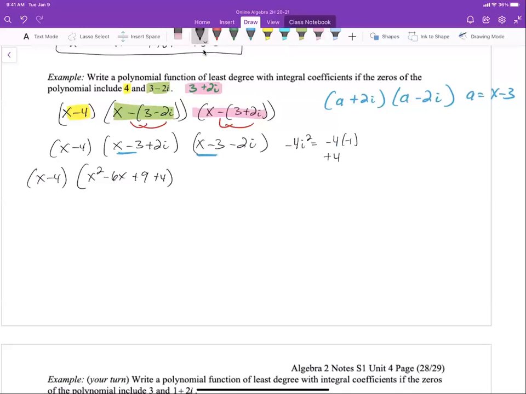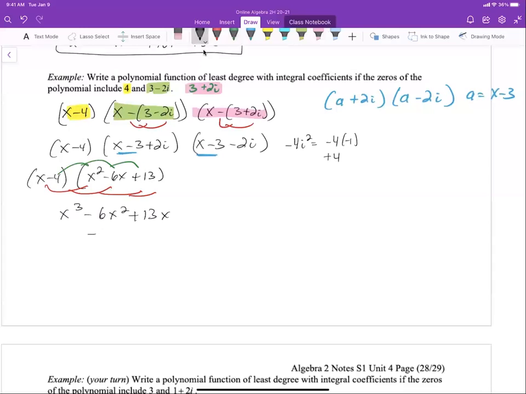Okay. Now I have to multiply through by x by each term. Let's combine 9 and 4, which will give me 13. All right, and then I will multiply by negative 4 through the whole thing. So I'll do x first. So I get x cubed minus 6x squared plus 13x.